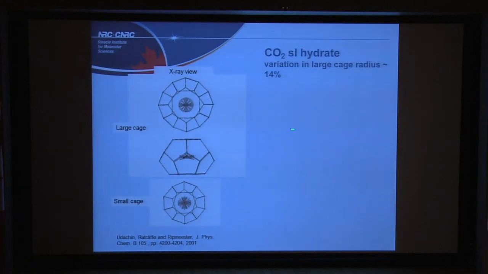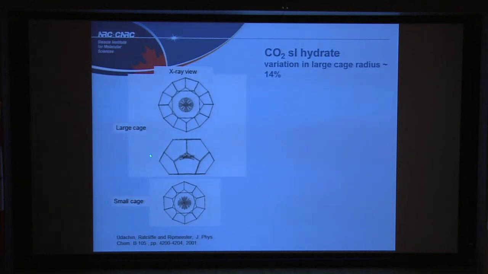Well, if you use X-rays, we can look at the large cage from two directions, and you can see that the guest molecules here look like they're distributed in a circle, and if you look at them from the side, you can see that they're more or less located in the plane of the cage.